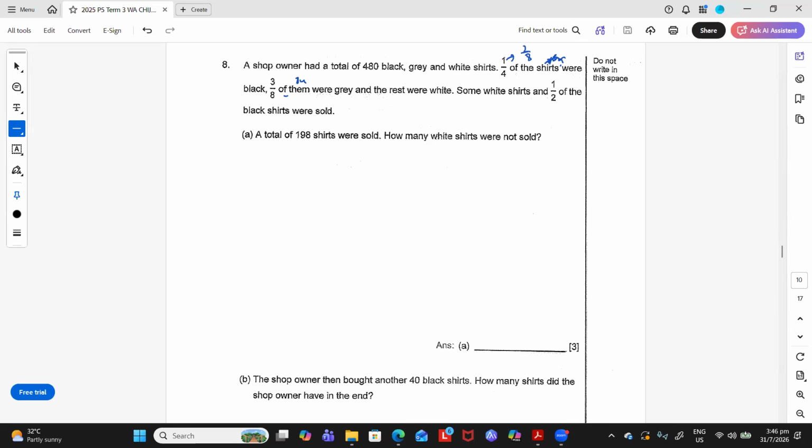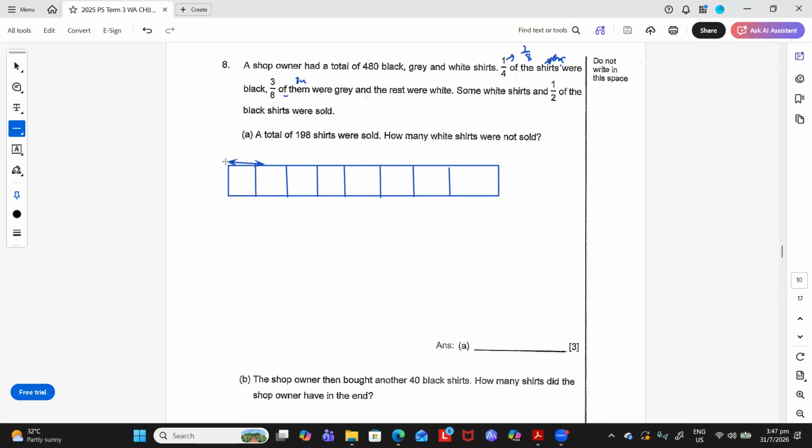Okay? So then you start drawing a model straight away. Okay, then you cut your model into 8 units. So 1, 2, 3, 4, 5, 6, 7, 8 units.